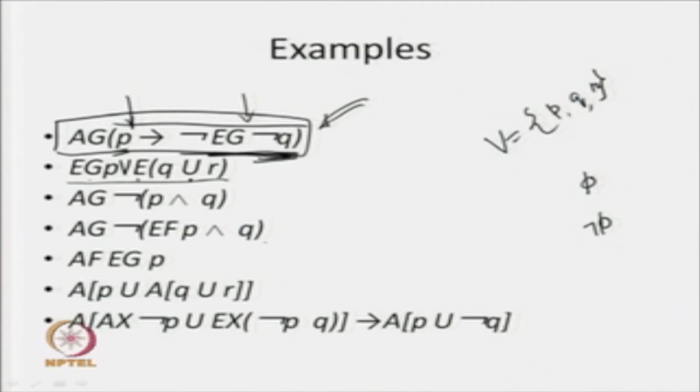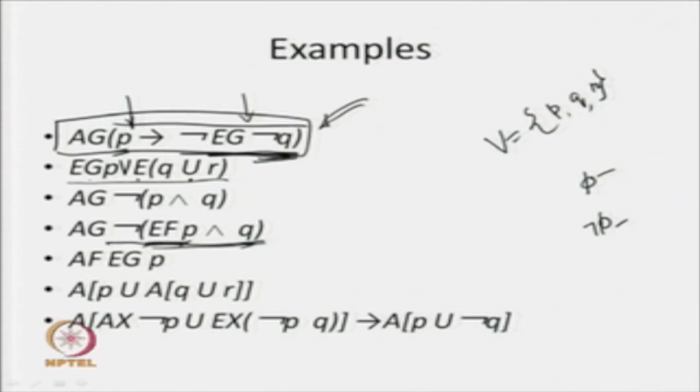So, the fourth one, I am going to say, P is an atomic proposition, so it is a CTL formula. F is a temporal operator and it is preceded by a path quantifier, so E F P is also a CTL formula. Q is also a CTL formula, because it is an atomic proposition. They are connected by the conjunction. So, this whole thing is also a CTL formula, and already I have said that if phi is a CTL formula, then not phi is also a CTL formula.